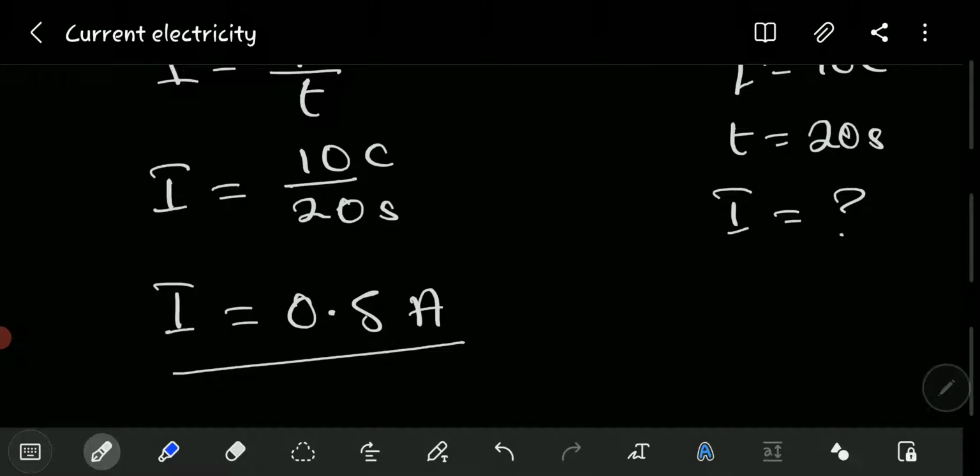Now we can see that in our equation for current, on top we've got coulombs and down we've got seconds. So we can also say that the alternative units for current may be coulombs per second.